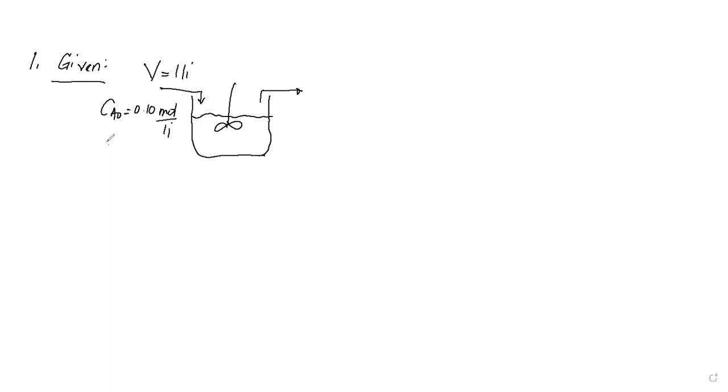And for B, 0.01 mole per liter. Okay? The volume of this mixed flow reactor is also 1 liter. Materials react in a complex manner in which the stoichiometry is unknown. So we don't have a chemical reaction.